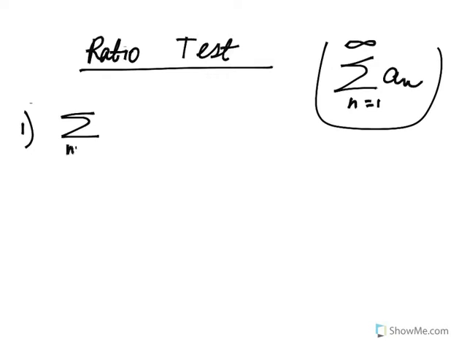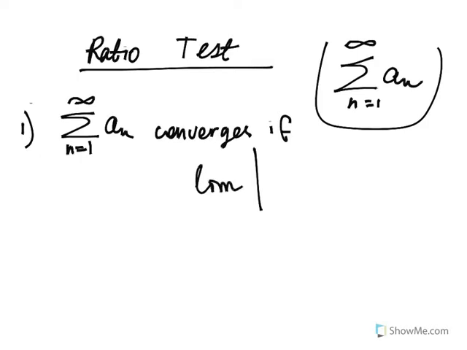So the first one, your series converges if you take the absolute value, by the way, limit as n approaches infinity, you take the absolute value, and all you do is a sub n plus 1, you just add 1 to n, but then divide it by the original expression with n in it, and if the whole result is less than 1, then you say it's convergent.